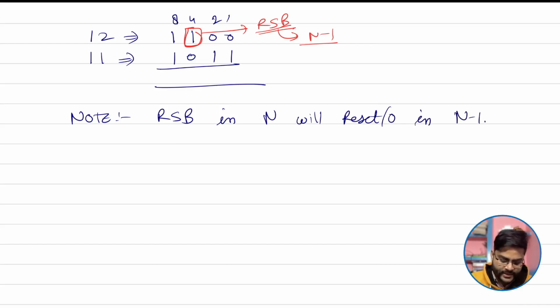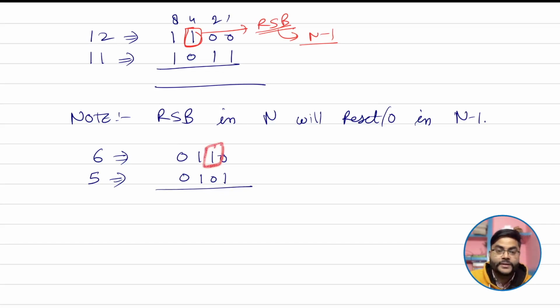Let's take 6, which is 0110. Take n minus 1, which will be 5, and in 5 we have 0101. So you can see the rightmost set bit in 6 is this one, and it is 0 in n minus 1.